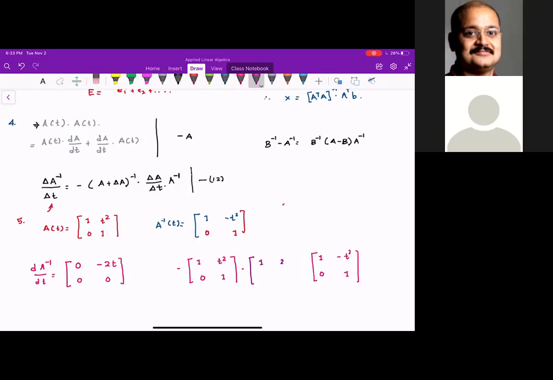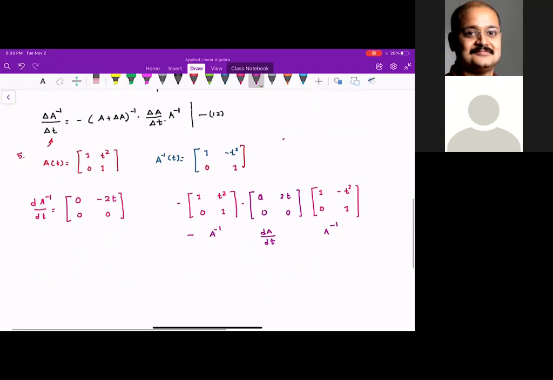This is A inverse, minus dA by dt, this is A inverse. So you should be able to verify the answer.